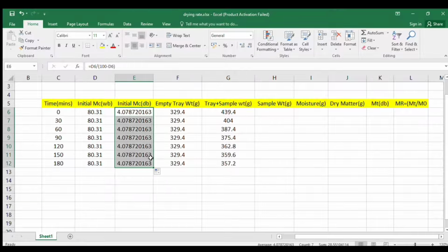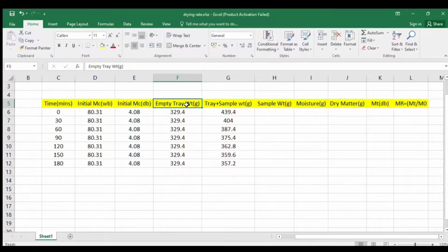Pasting this for all the remaining cells. This will remain the same for all cells, as the initial moisture content is the same for all. Then here is the weight of the empty tray which we use to put our sample, which is nothing but slices of potato.